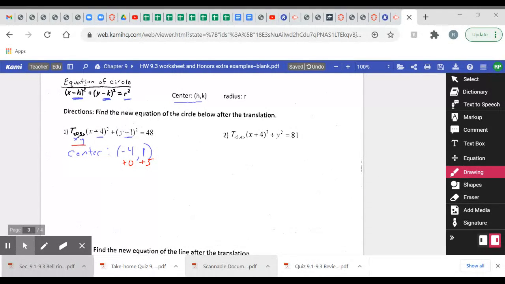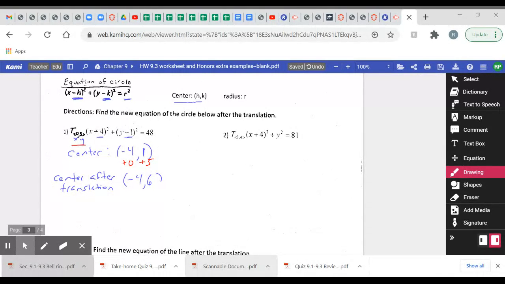So the center after the translation is what I'm going to call this. Then you can see my new center is going to be negative 4 plus 0 is still negative 4, but 1 plus 5 is 6. Okay, so really the circle just shifted up 6 spots on the coordinate plane.